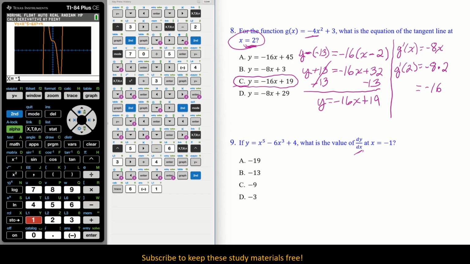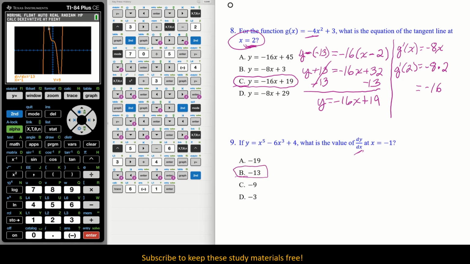See, it shows up. That tells you you're doing it correctly. Now push enter. And right here in that orange where it says dy dx, -13. And that is option B. It's correct.